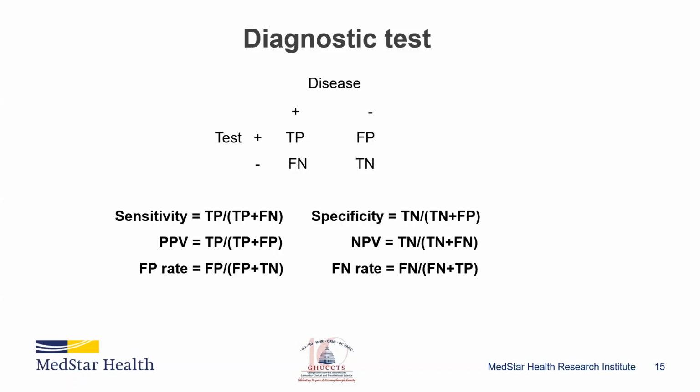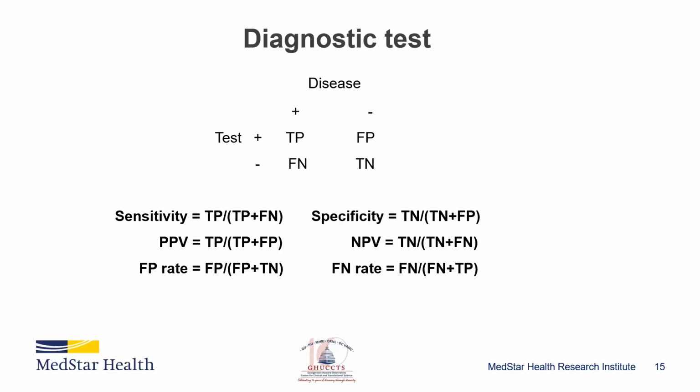And then the negative predictive value is similar, those who have a negative test and don't have the disease, divided by all patients with a negative test. We can also calculate the false positive rate and the false negative rate.